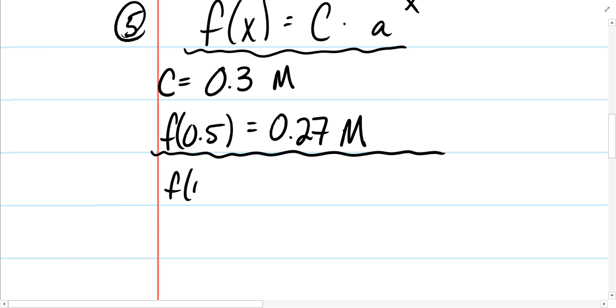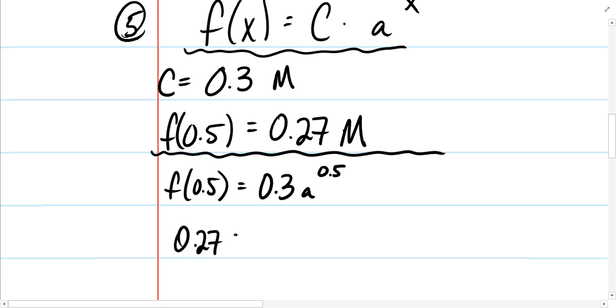F evaluated at 0.5 will be 0.3 times our A value raised to the 0.5 power. So I've changed the letter x to 0.5. And I also recognize that F evaluated at 0.5 is the same as 0.27.